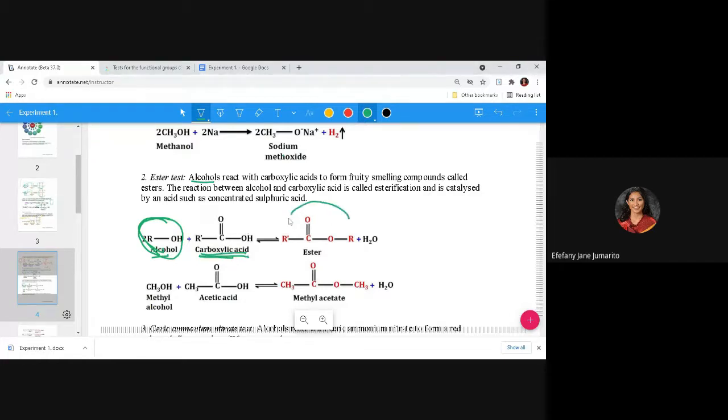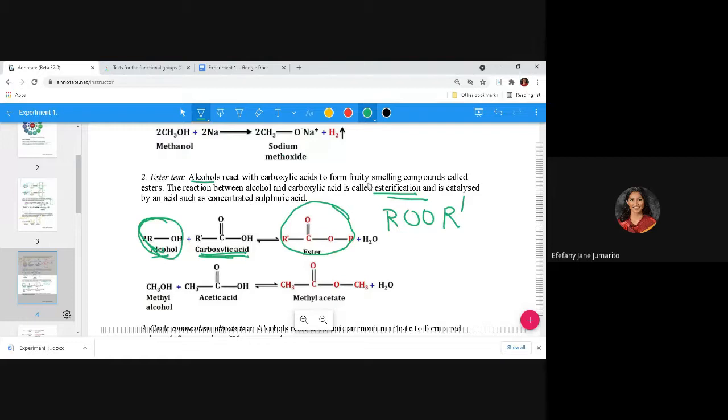form an ester. The reaction between your alcohol and carboxylic acid is called esterification, because it is the formation of an ester functional group. Remember, this is your ester, RCOOR, and it is catalyzed by an acid such as concentrated sulfuric acid.